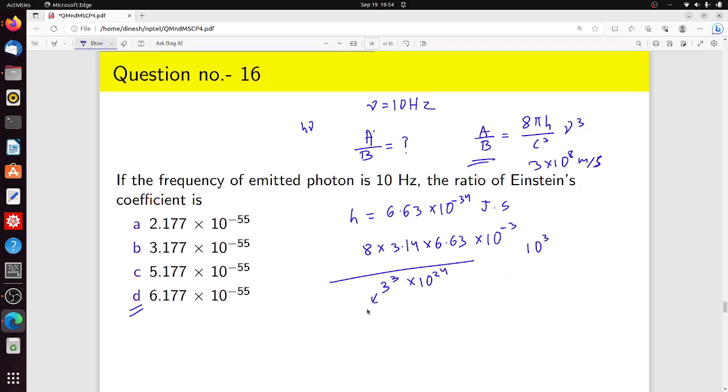If you calculate, you will actually get 6.177. You put it in a calculator and check. The answer should be D. So you check it.